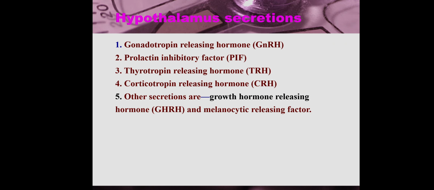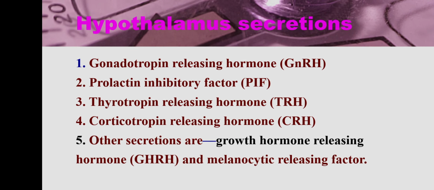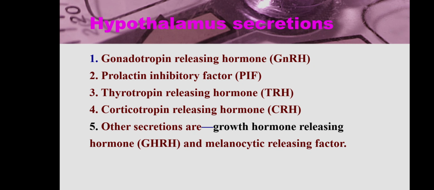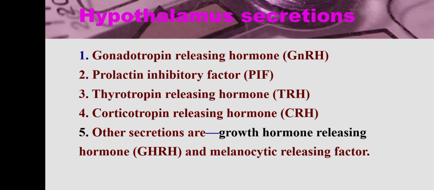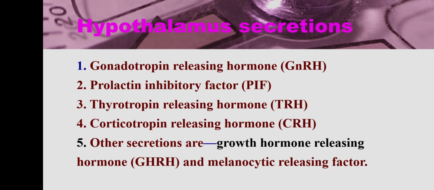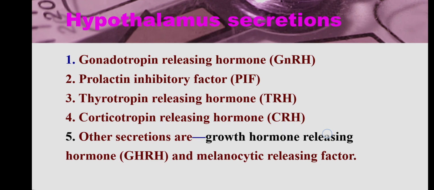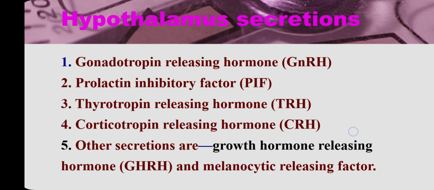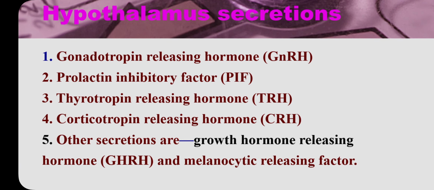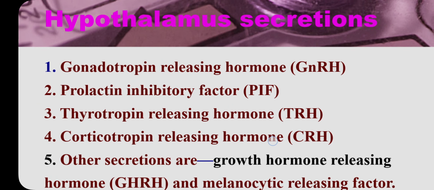Okay, so let's see what the hypothalamic secretions are. As we have said, they release certain releasing and inhibiting factors which directly influence the release of pituitary hormones. So let us see which factors the hypothalamus releases. Coming to the hypothalamic secretions, here you can see certain secretions. First is GnRH, the gonadotropin releasing hormone.